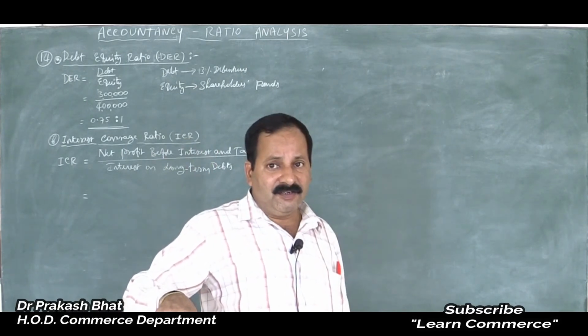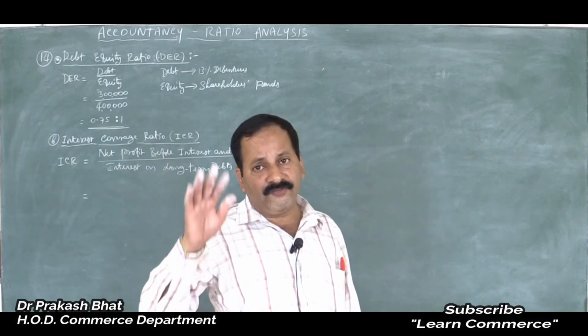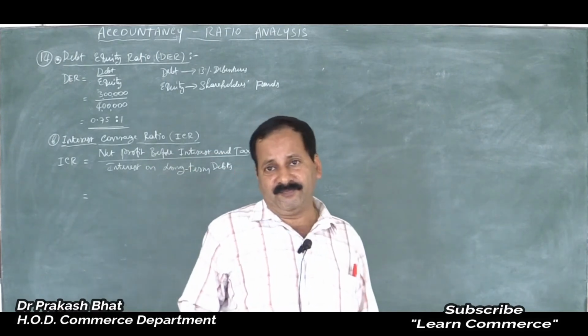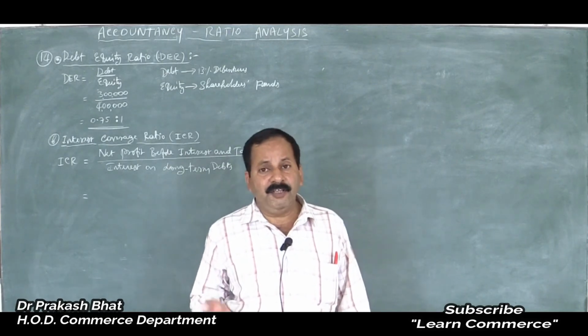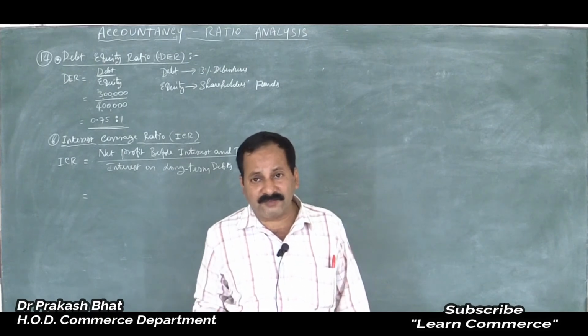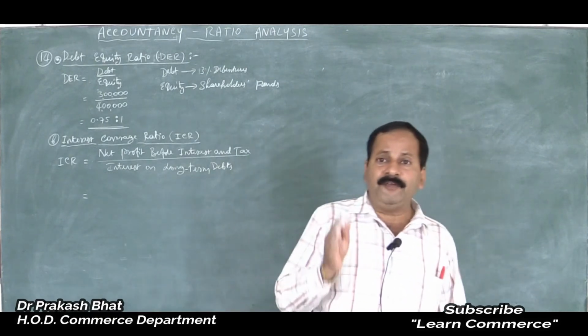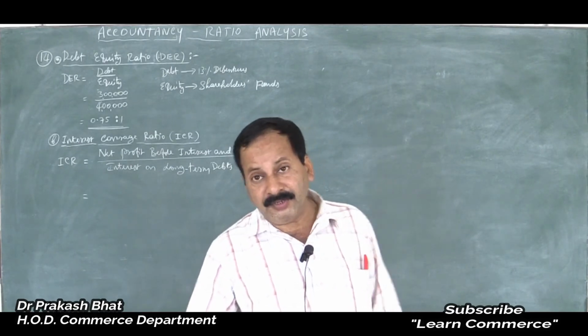Am I correct? Whatever net profit is given is after deducting the interest. But if we add that interest to the net profit before tax, then we will get net profit before interest and tax. That is what you have to do here.